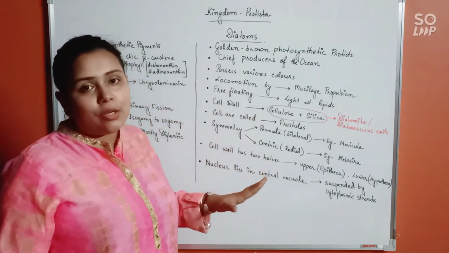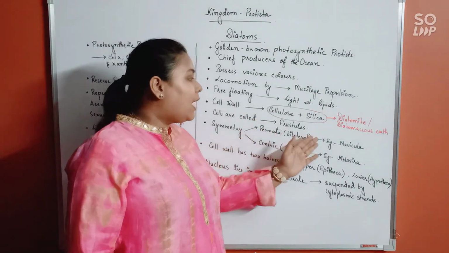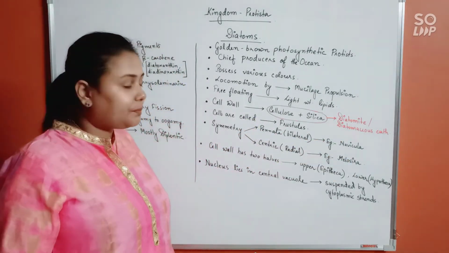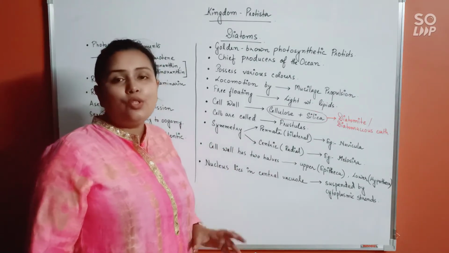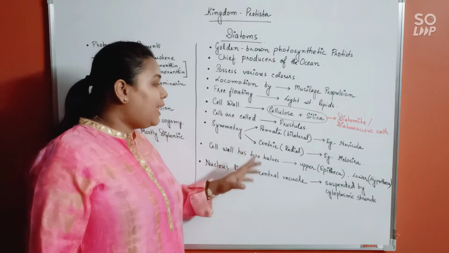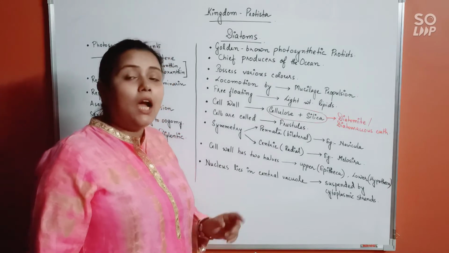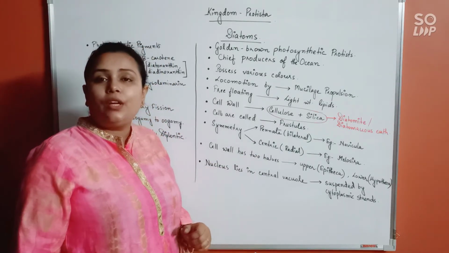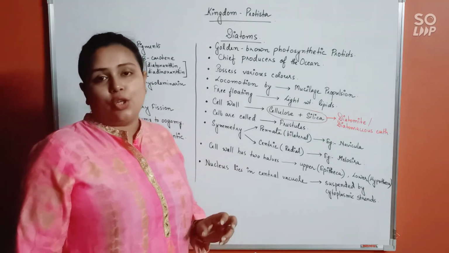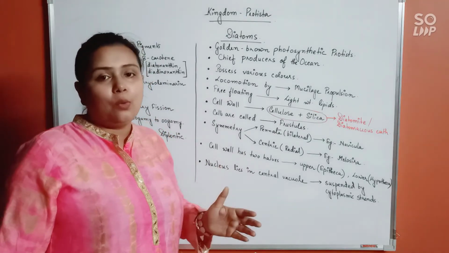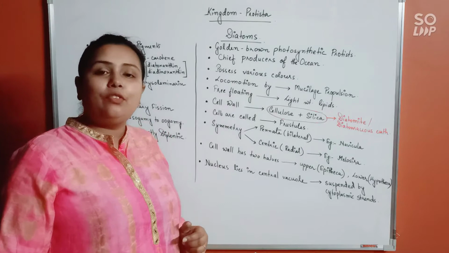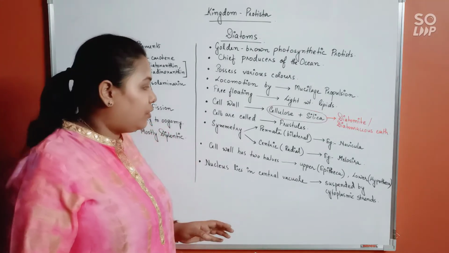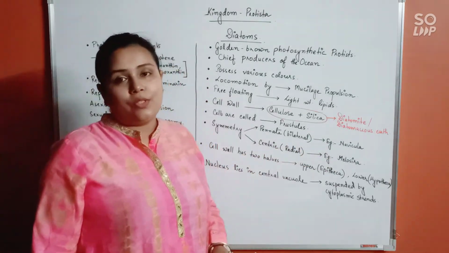So bilateral symmetry will be known as pinnate. Example is Navicula. On the other hand, those diatoms which have cells with radial symmetry are called centric. Okay. Now, what is radial symmetry? A particular structure which can be divided into two equal halves from many planes. That will be known as radial symmetry. The example will be Melosira.